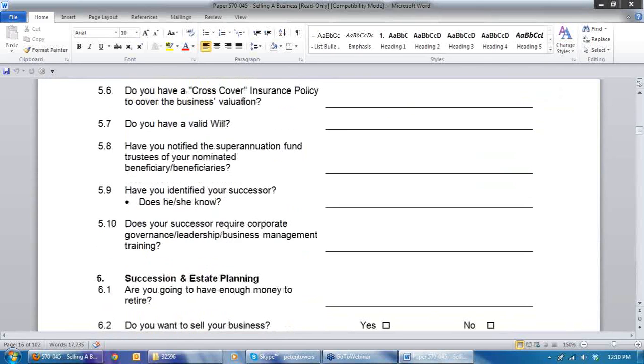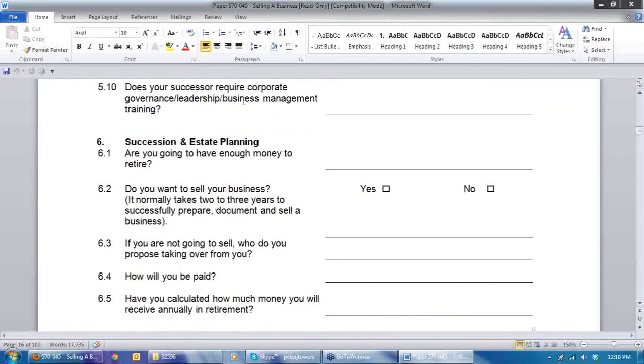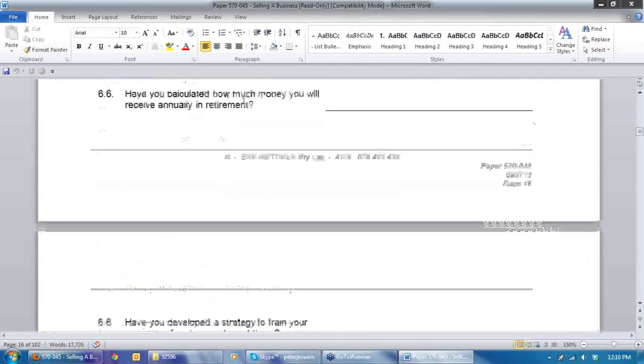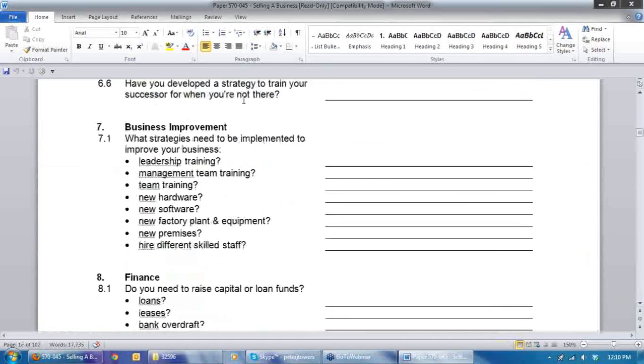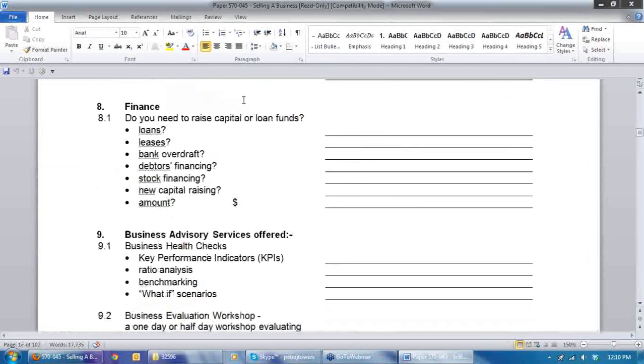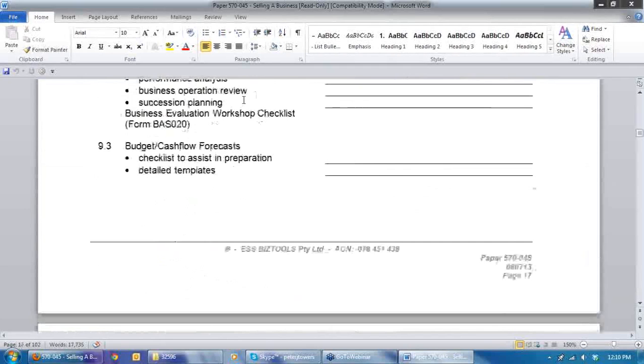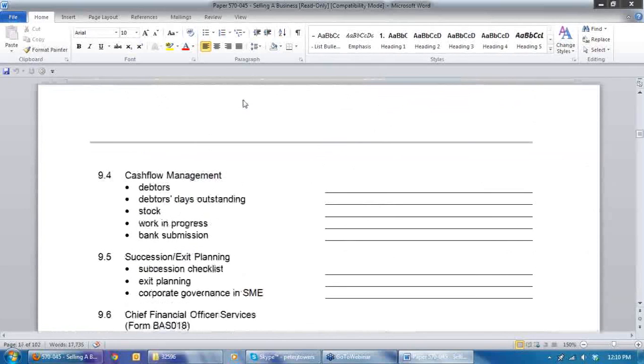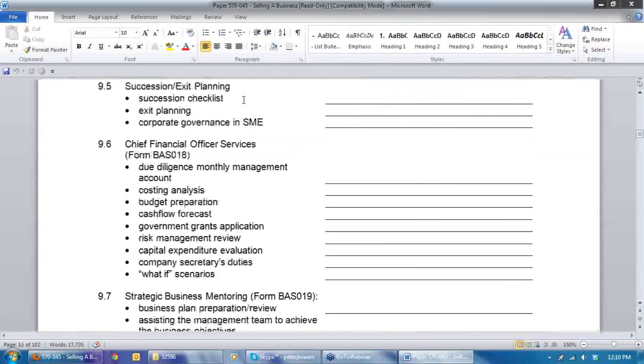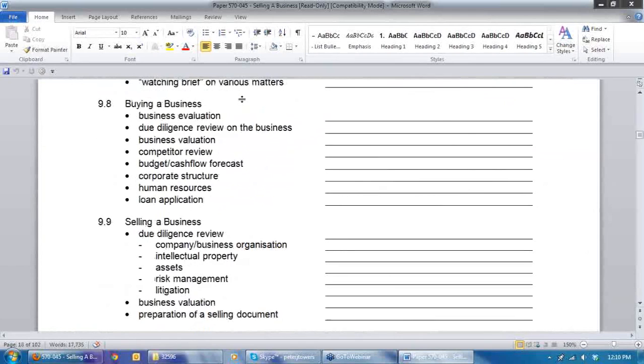So we've got risk management there on the screen at present, succession and estate planning, business improvement, and then we get into the business advisory services component areas, and then we got selling a business.